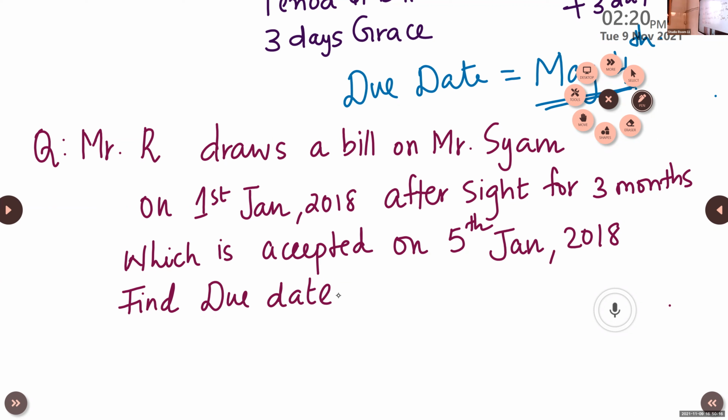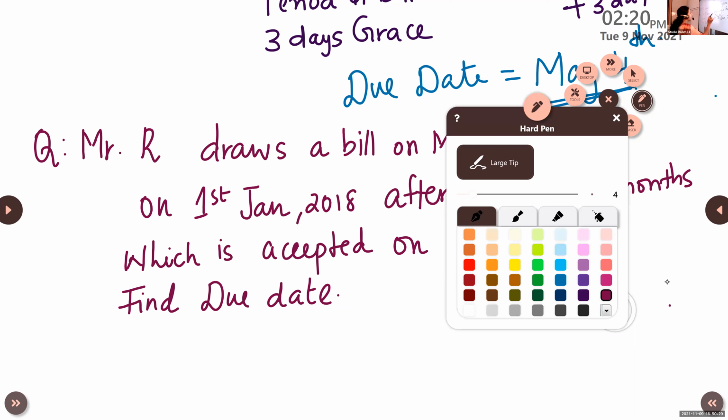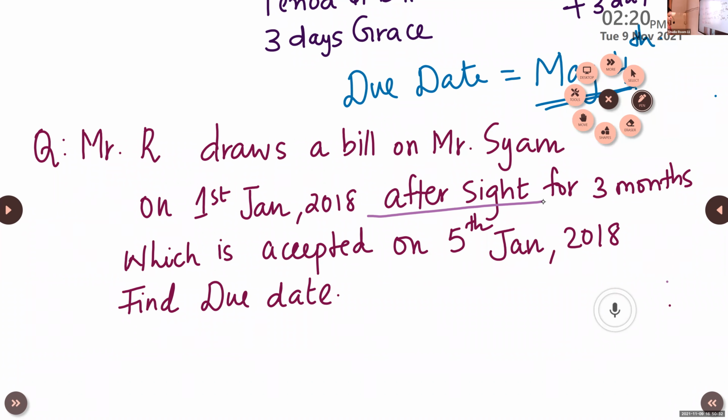Okay, so see the difference? Mr. R draws a bill on Mr. Shyam on 1st Jan. Okay, so the date of bill is 1st January, and you can see the word after sight. Okay, after sight means for the calculation of due date, you should consider the date of acceptance. In the question, I repeat, listen to me.